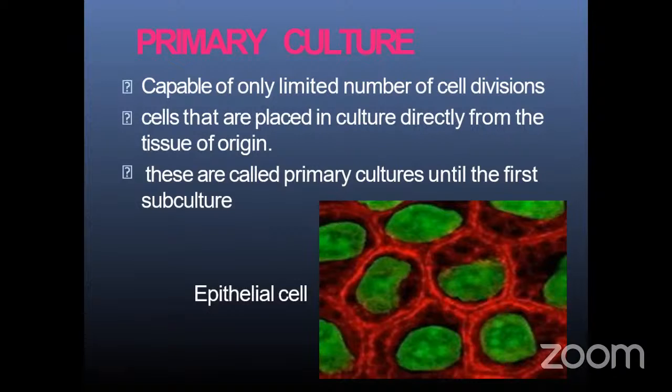Immediately after isolating them from the tissue and placing them in culture, they are called primary cultures. Until the first subculture, they are called primary cultures. So these are the epithelial cells. You can see very beautifully colorful cells, all tightly attached to each other.